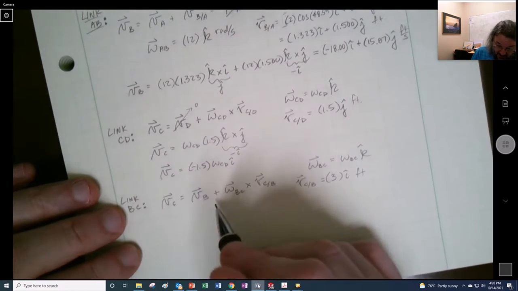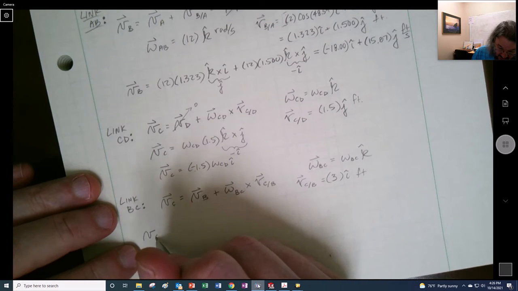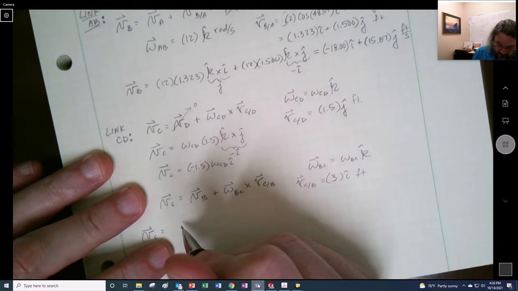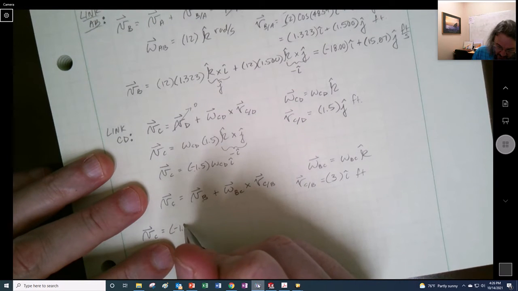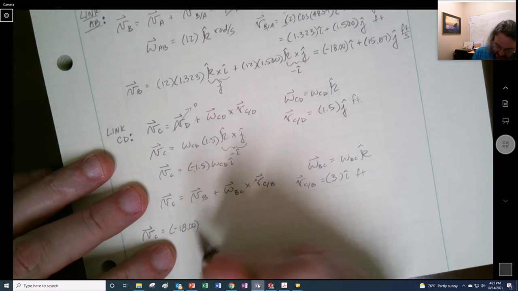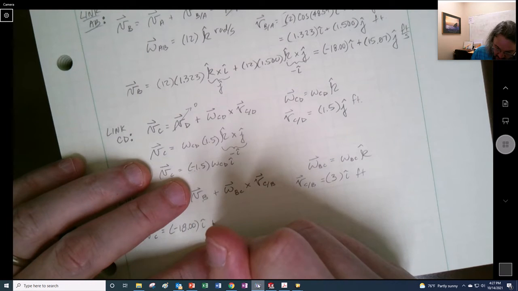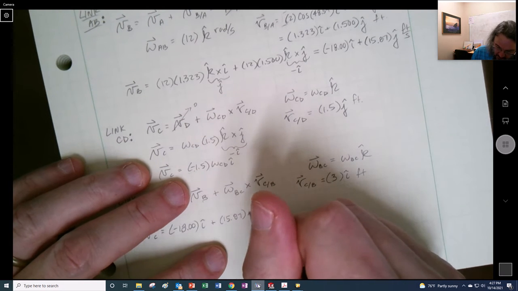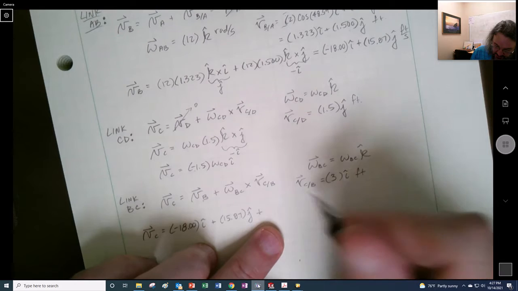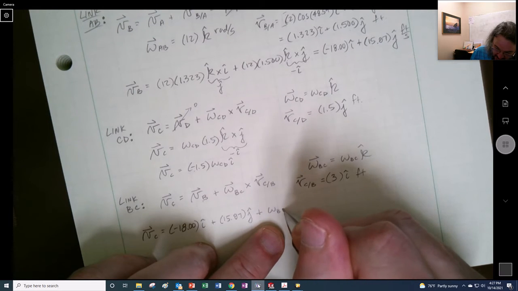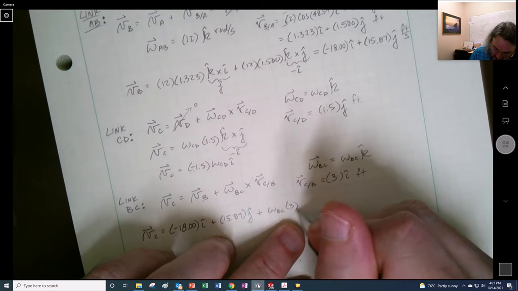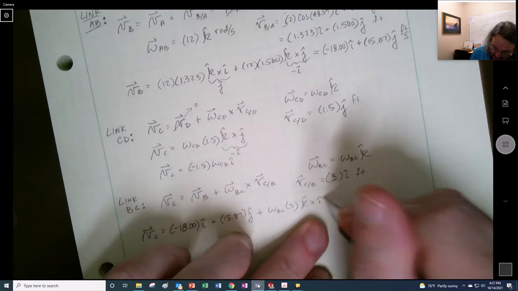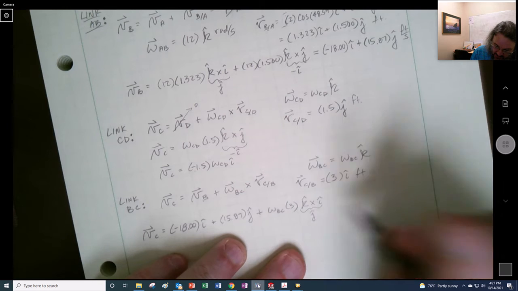So we can find velocity of C is going to be equal to velocity of B, which we already know up here, negative 18, well, I'll make that into an 18, I cheated, I plus 15.87 J plus omega BC times 3 times K crossed with I, which we know is J.